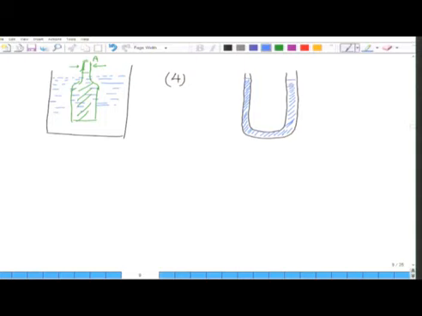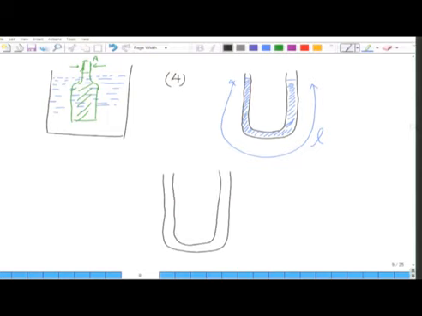And let us say this entire length of this liquid column is L. What we do now is push this liquid down so that in the new position the liquid goes up on one side, and comes down by the same amount on the other.